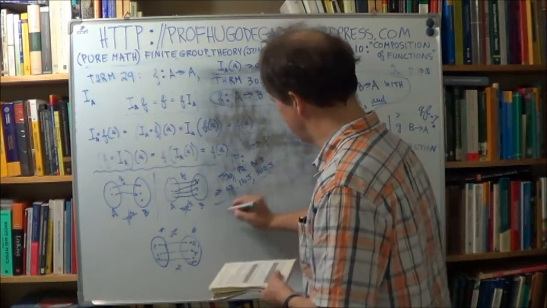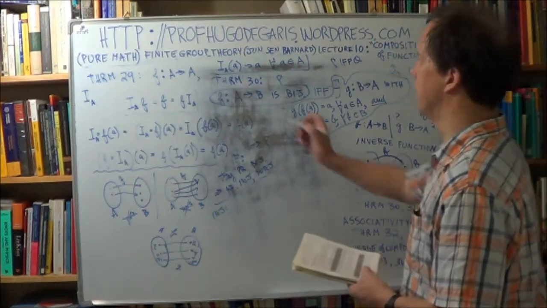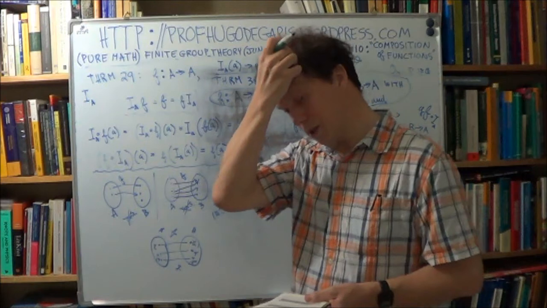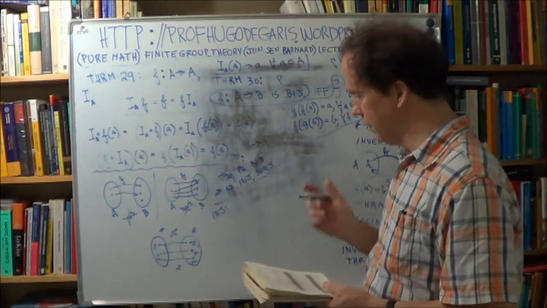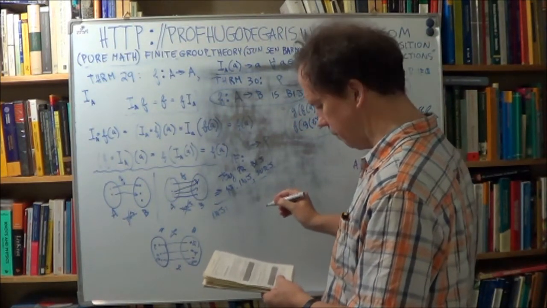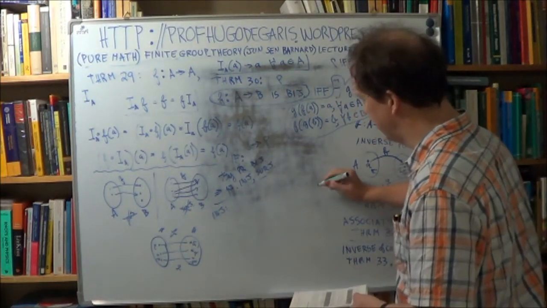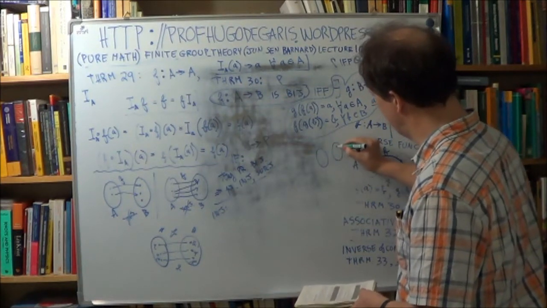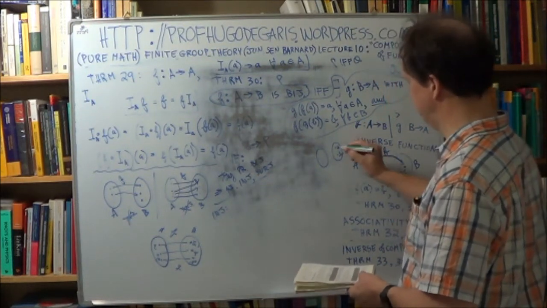Okay, so let's try to prove injective. How can we prove that f is injective? Well, from last lecture, how to prove that a function is injective is you take two random elements, let's just call them a and b, from your domain.